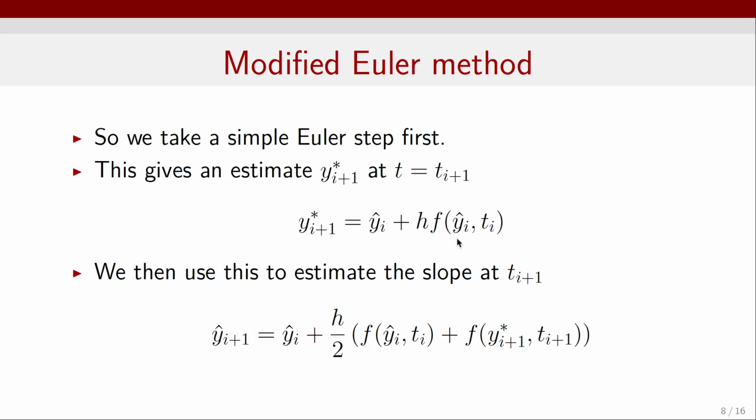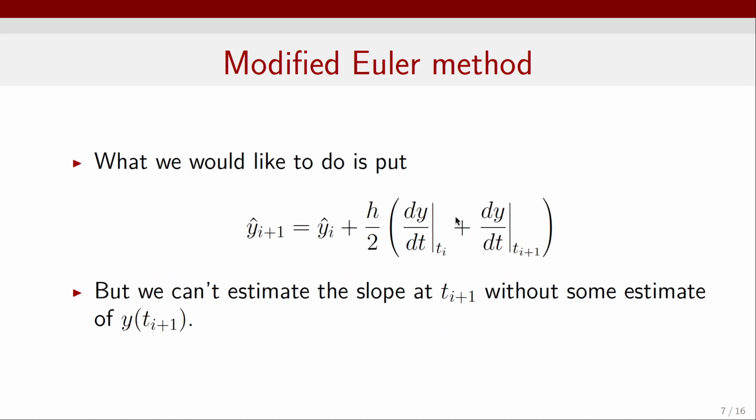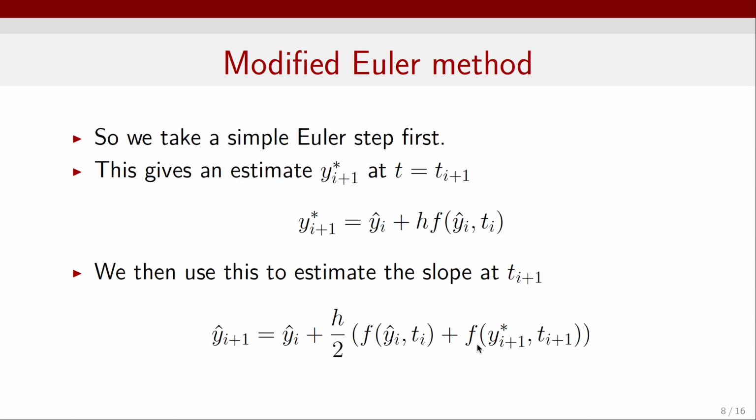Now, in doing that, I have created an explicit method, because here yi plus 1 star depends only on the past. And of course, ti plus 1 is equal to ti plus h. So we have converted an implicit formula, which we had here, to an explicit formula here.